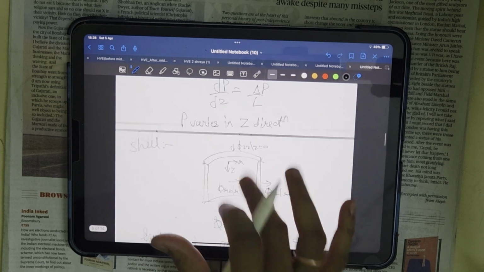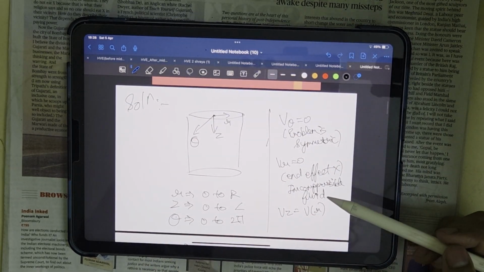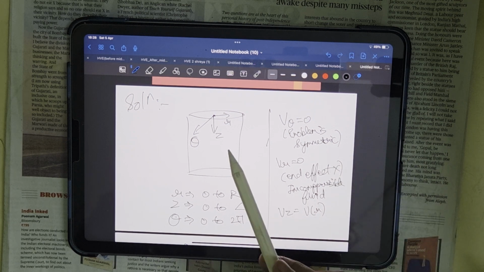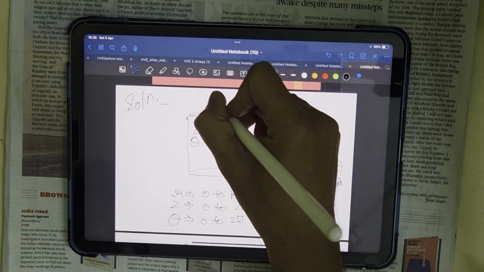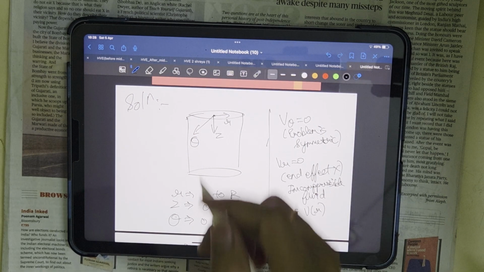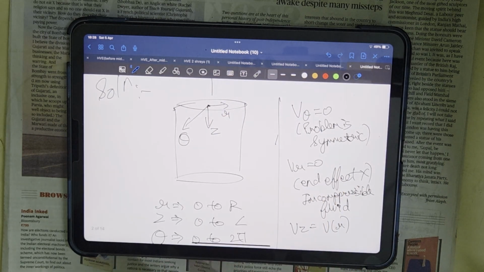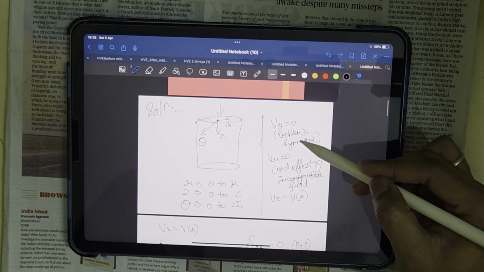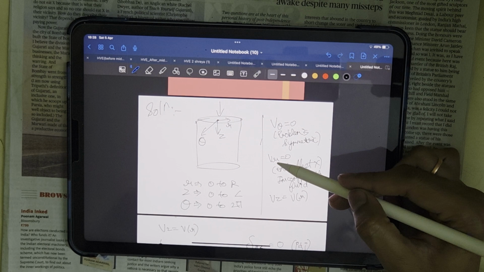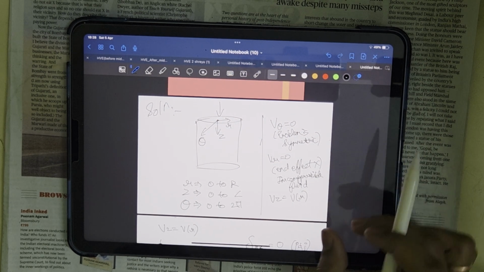Summarizing the problem, we started with the Cartesian coordinate, then chose cylindrical coordinates. It is a vertical tube, and the flow is downward. V theta is 0 because the problem is symmetric. VR is 0 because the end effects are neglected and the fluid is incompressible.